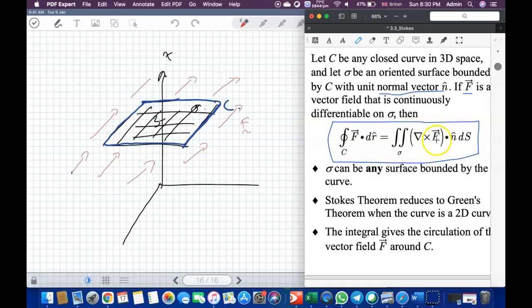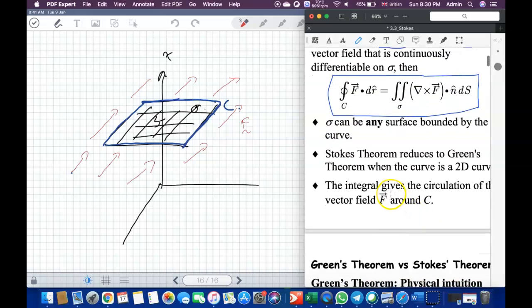Qx minus Py comes from the curl F, but because it is 2D, the k component is the only one left. So you can only compute Qx minus Py, which is part of the calculation of curl F, where the rest is 0. That's why you can't see the curl F in Green's. The formula in Green's theorem actually comes from this formula, because the k component is the only nonzero one, and the i and j components are 0.